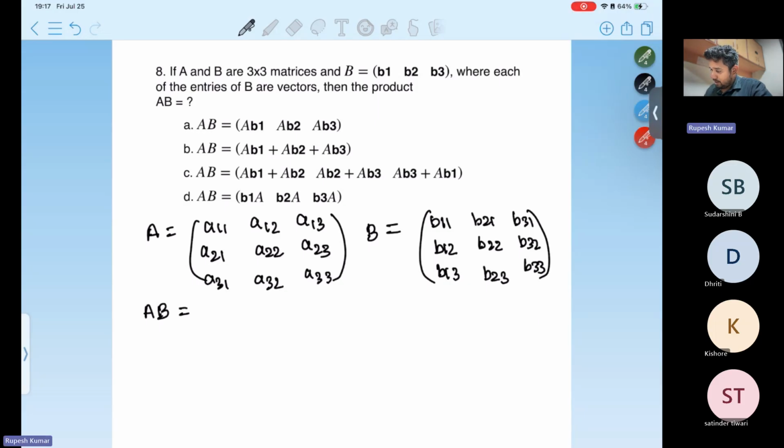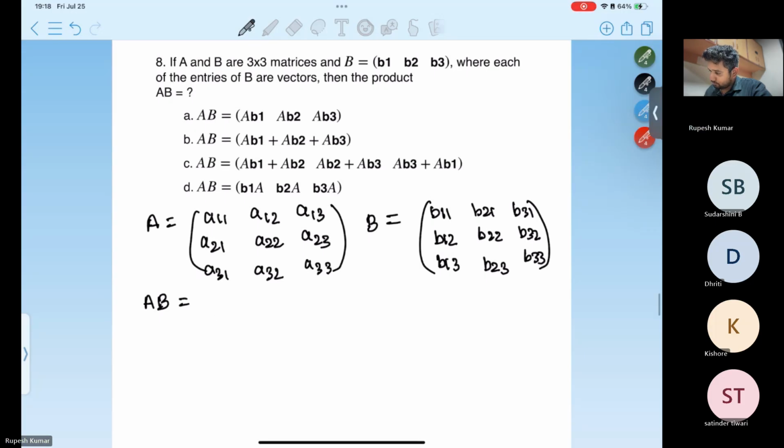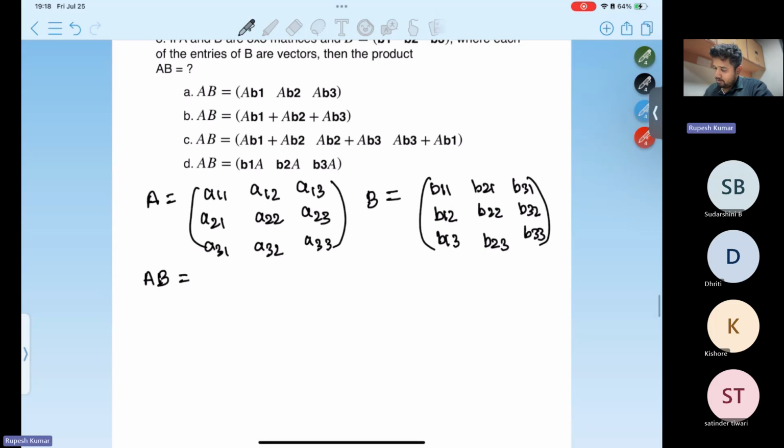So you can write it as A11 B11 plus A12 B12 plus A13 B13, right? And so on.